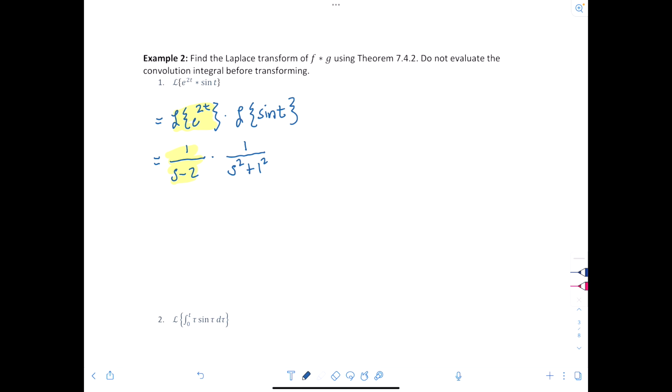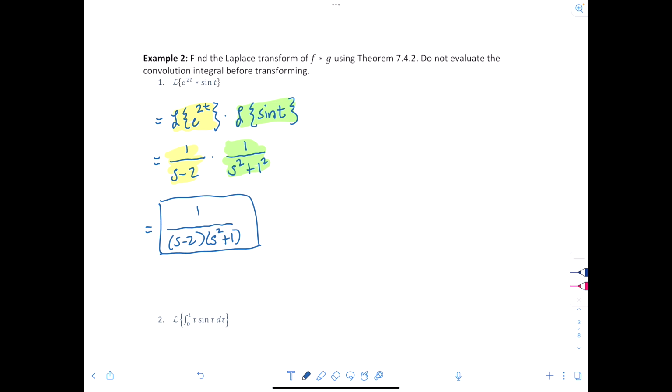And that is this whole second one. So then we'll just get 1 over s minus 2 times s squared plus 1. And we're done.